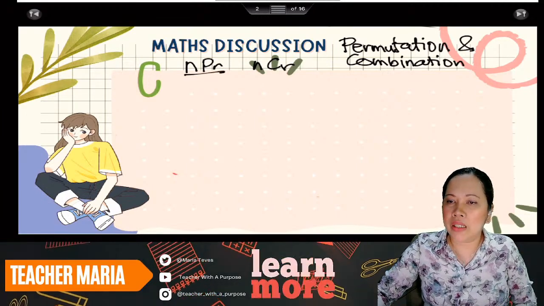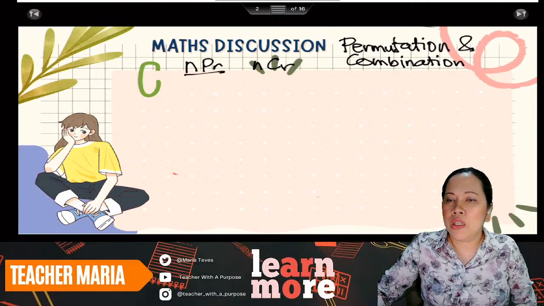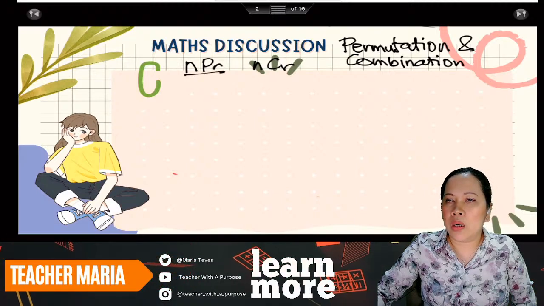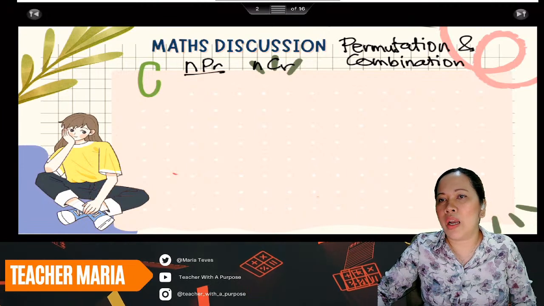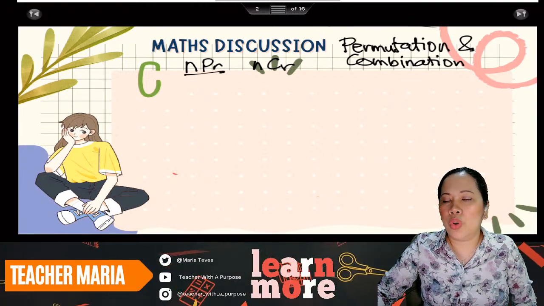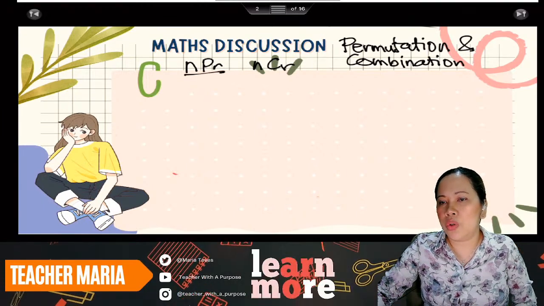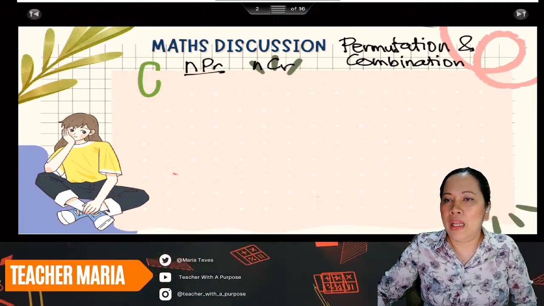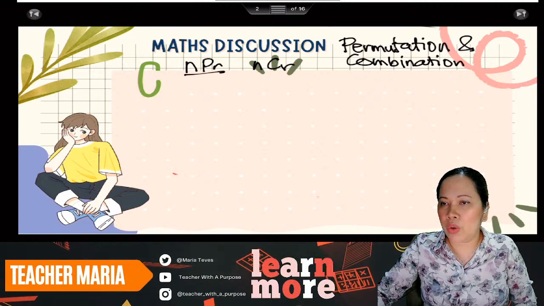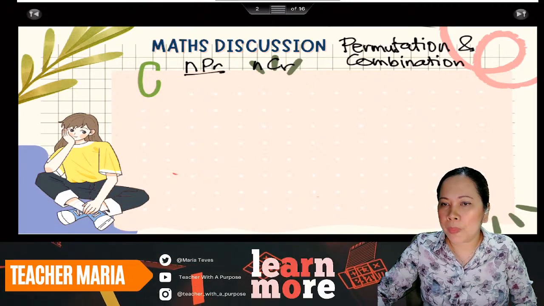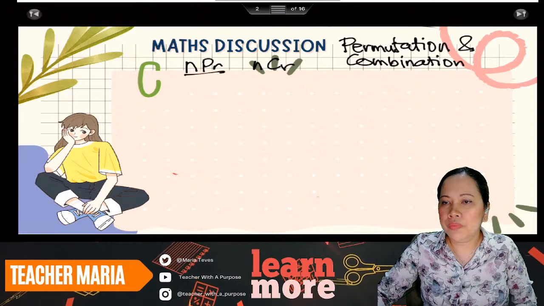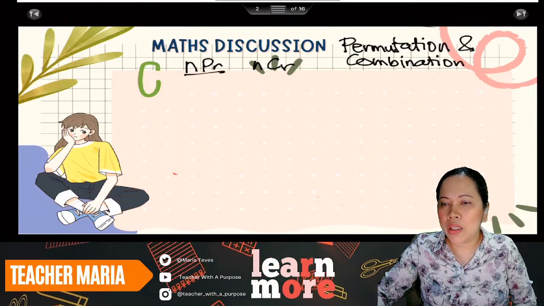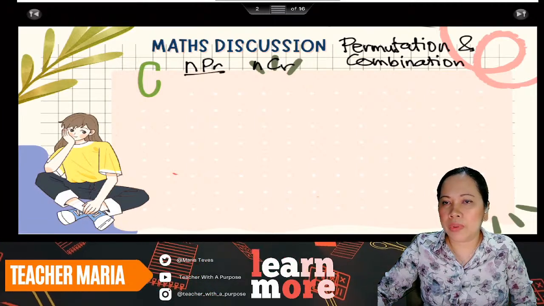If order matters, it's a permutation. That is the easiest way to do your permutation: use your calculator, and this is based on the factorial as well. Let me look for just an example.